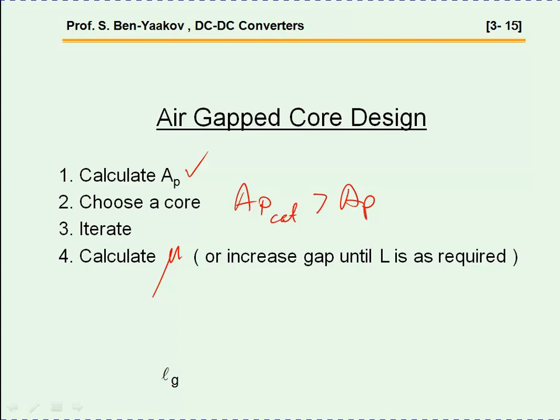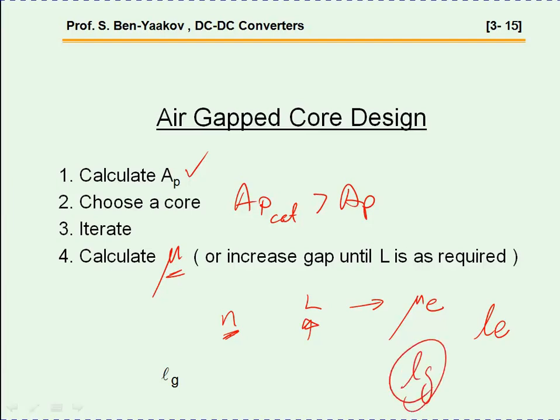Then you calculate the mu that you need. To do so, you use the equation for N, which I had before, and once you know N, and you know L, that is the inductance that you need, you can calculate mu E that you need. Well, if you know mu E, you know now the dimension of the core, you know the magnetic length or magnetic path of it, then you can calculate what is Lg.